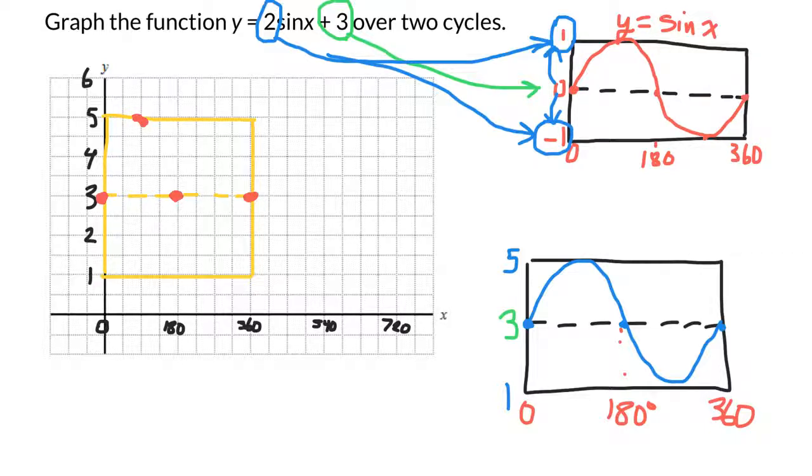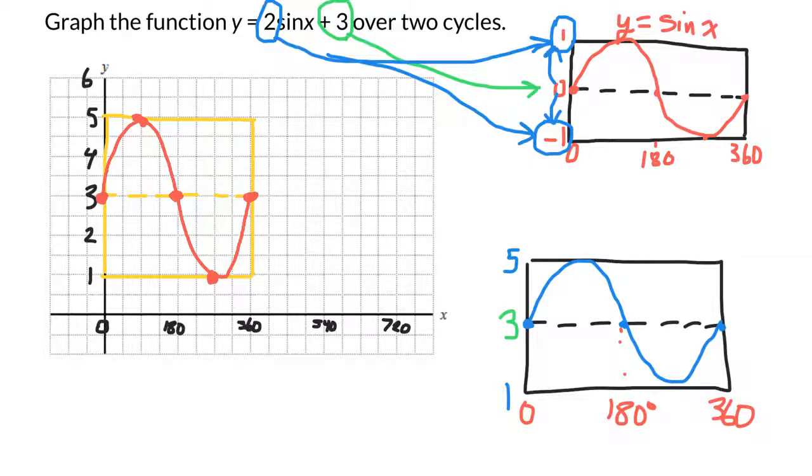Halfway between my second or my middle and last point, I'm down at the minimum. So you just keep dividing by half and by half again. Now I just draw a smooth curve through my points. And there's one complete cycle of my function.